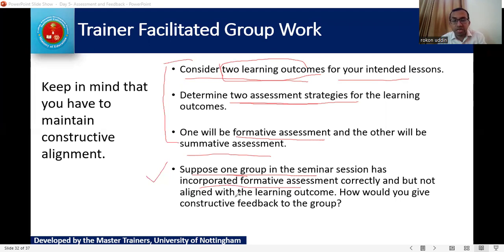Of course, you can see that. So group 1A, for example, has written learning outcome and formative assessment both. Their formative assessments are correct, but those formative assessments are not aligned with learning outcome.